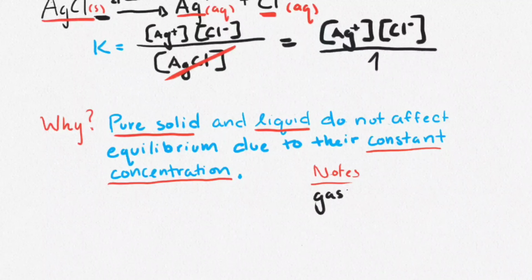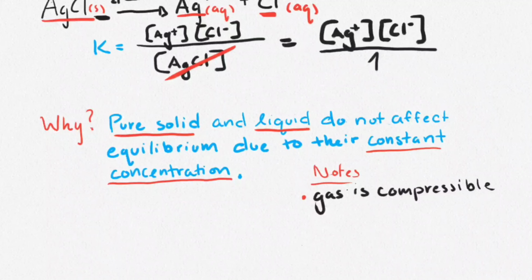Gas is compressible. So that means you can have the same moles of gas in different volumes. You achieve that by compressing it down.